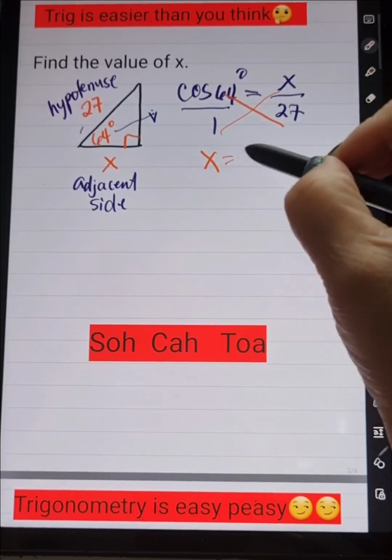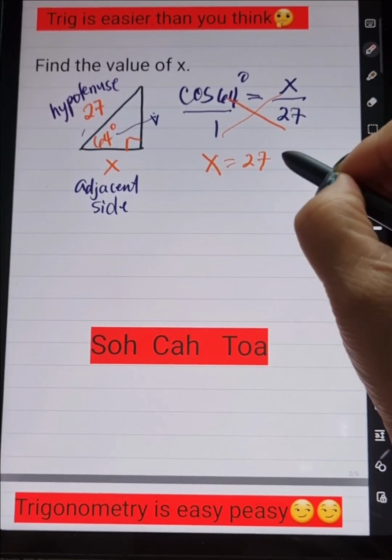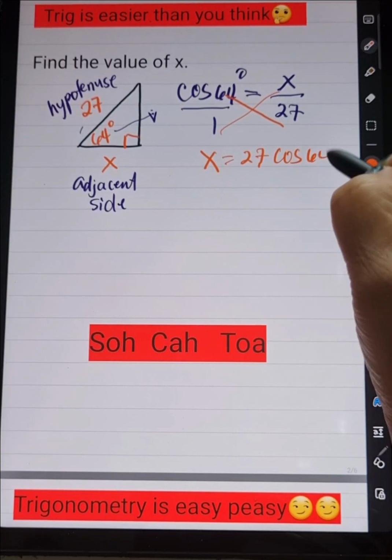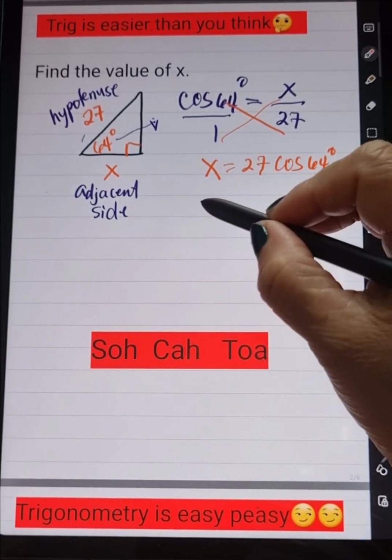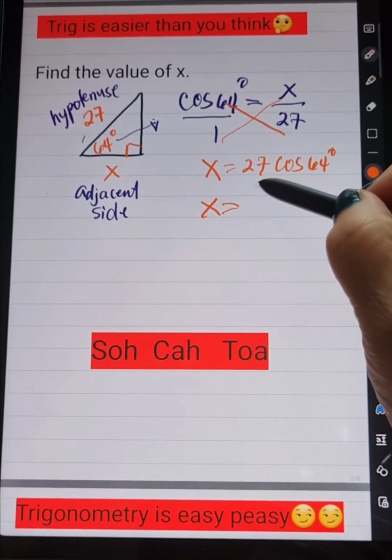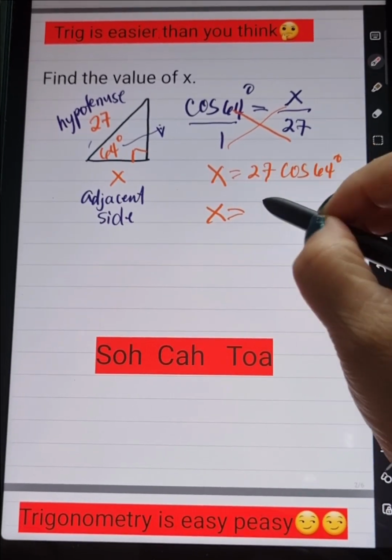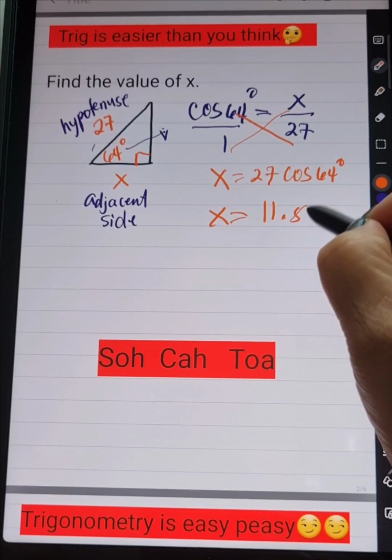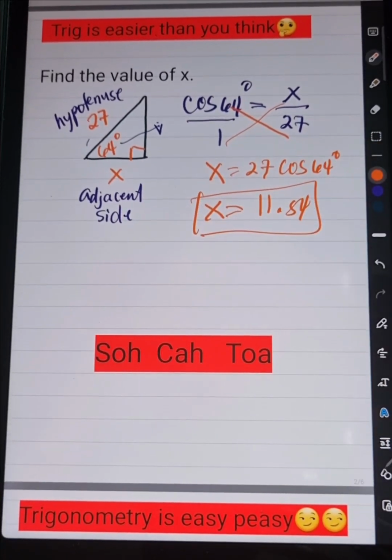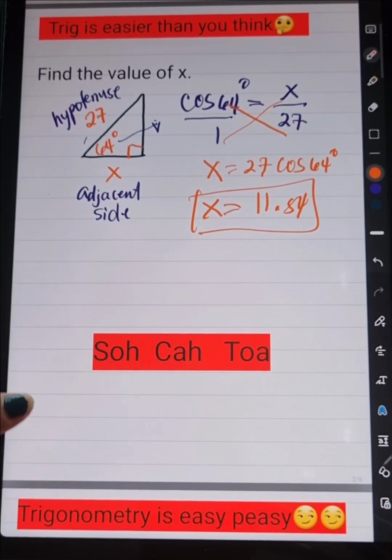So x is equal to 27 times cosine 64 degrees. Now, using your calculator again, press 27 times cosine 64 degrees, and that would be equal to 11.84 up to 2 decimal places. Okay, next.